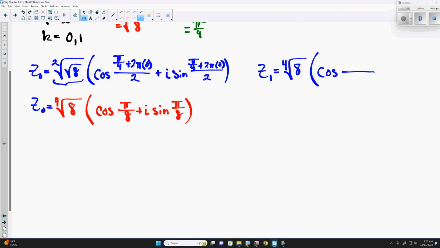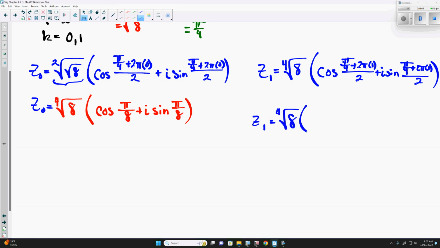Times cosine of pi over 4 plus 2 pi times 1 over 2 plus i sine of pi over 4 plus 2 pi times 1 over 2. And between z sub 0 and z sub 1, the only thing that's really changed is that now instead of having 2 pi times 0, we have 2 pi times 1.